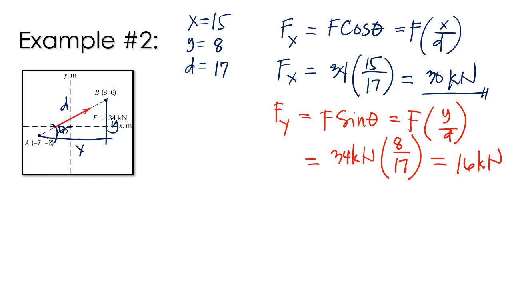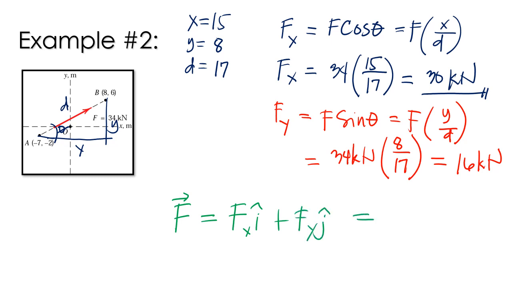Then to write the force F in vector form, the vector form of F is equal to Fx i plus Fy j.